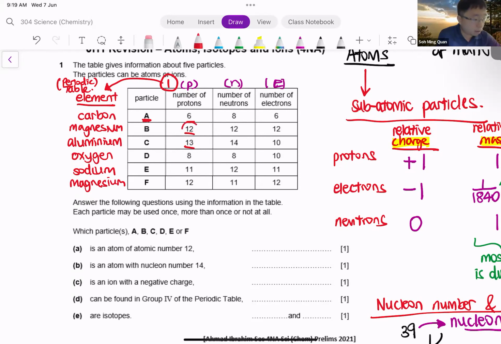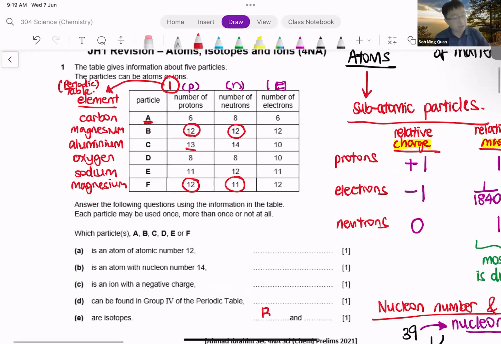So B has 12 protons. F also has 12 protons. They have the same number of protons. That's why they are both magnesium. But the only difference is the number of neutrons. So B and F are isotopes, which is the answer for the last part of this question.